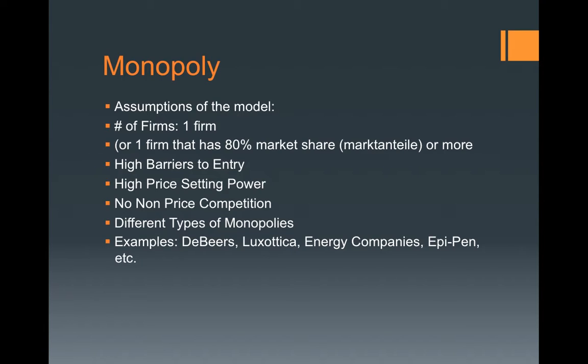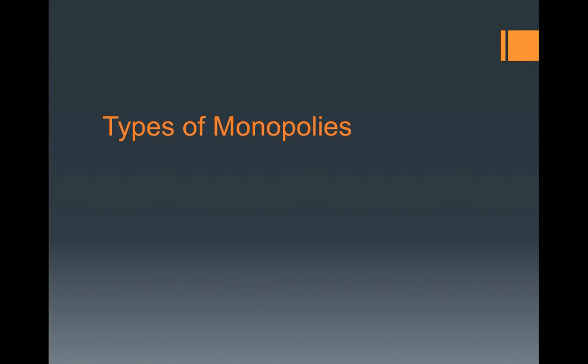Also, there are a lot of medical companies, like Mylan that produces the EpiPen. They've got a monopoly on that specific type of medicine or that specific way of injecting medicine. Okay, so these are the assumptions of the model. Please write these down. Let's go on to the types of monopolies.